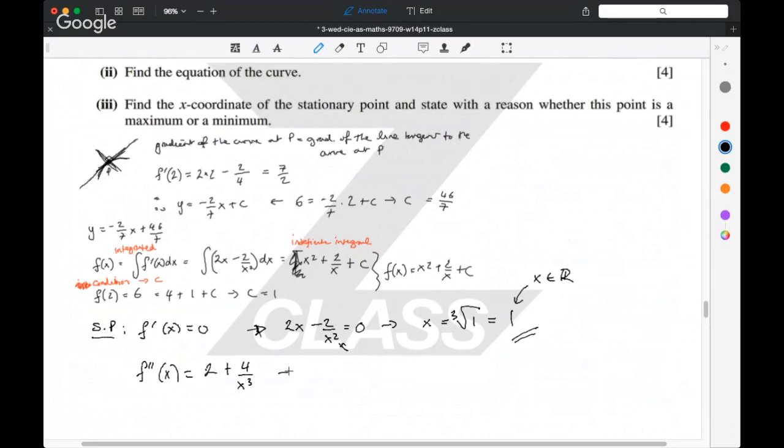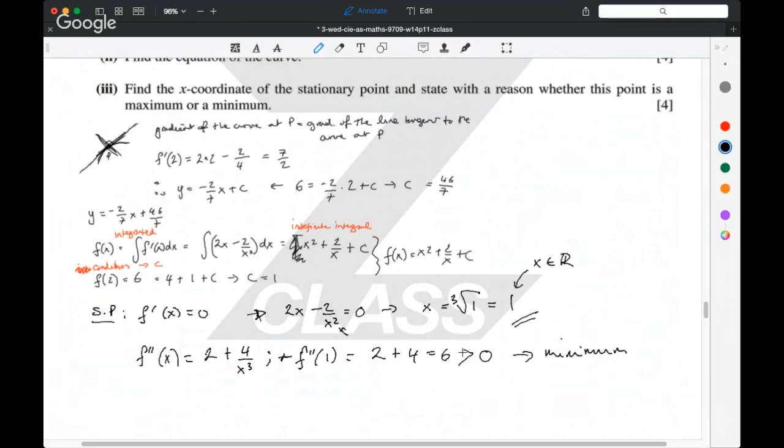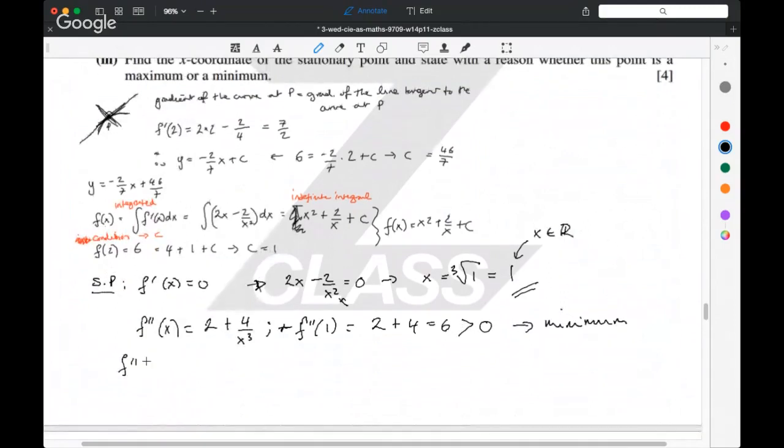If we evaluate it at our point, that's going to be equal to 2 plus 4, which is equal to 6, which is greater than 0. So therefore, this point is a minimum. And I'm choosing from our 3 options where f prime prime is greater than 0.